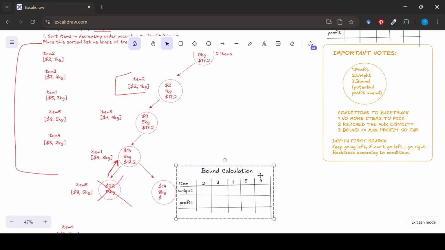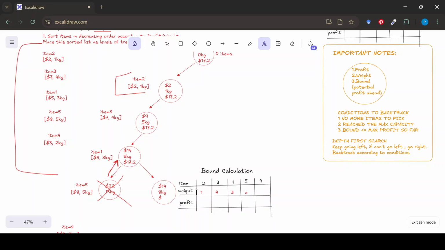Okay, so we are saying we have picked up item 2 and we have picked up item 3, and we have picked up item 1. However, we are saying we have not picked up item 5, right? So we will not consider that. And here we are left with, well, 4 plus 3 plus 1, 8.